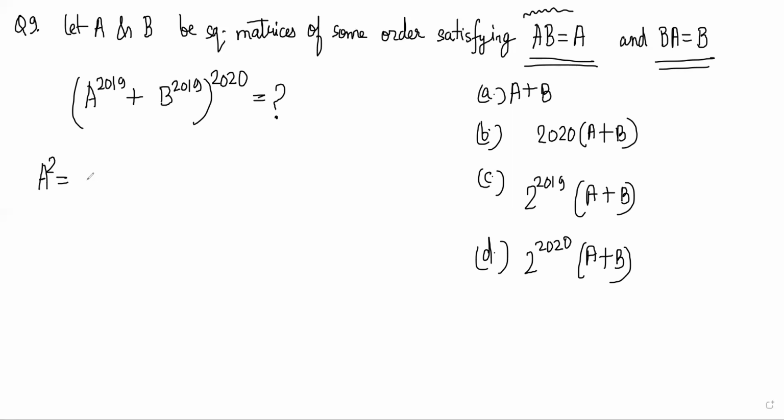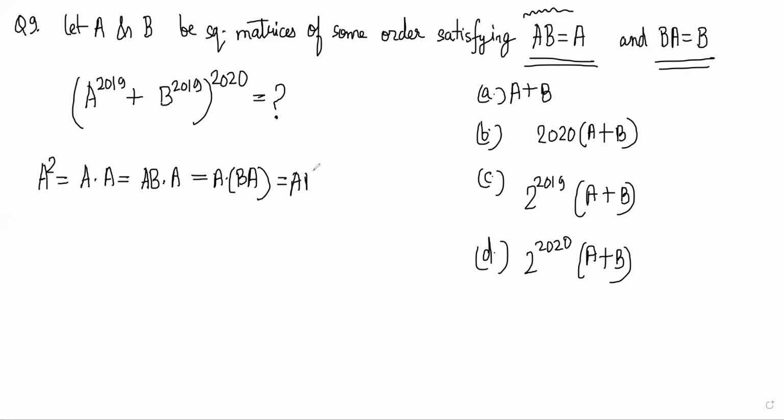What is A square? A square is equal to A into A, and A is equal to AB. So you can write one of these A's as AB, AB into A, and then you can write it as BA. BA is B, right?